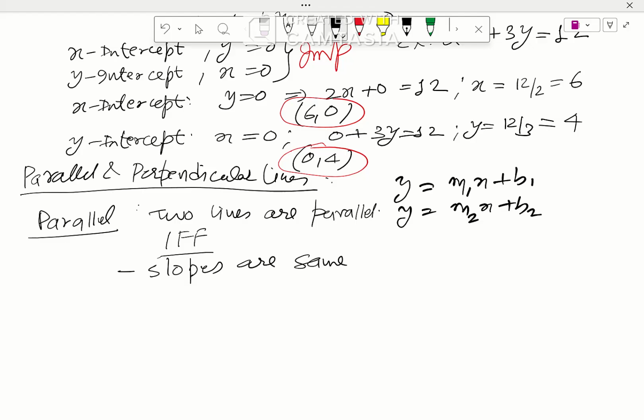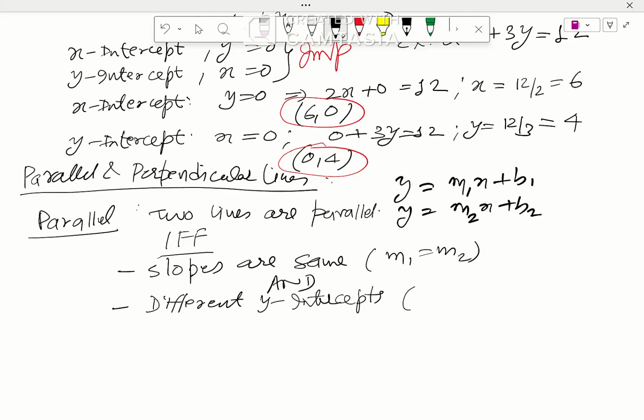Slopes are same means m1 is equal to m2, and both the conditions have to be satisfied. They have different y-intercepts. That is, your b1 cannot be equal to b2. So if they have different intercepts but same slope, then they are parallel lines.